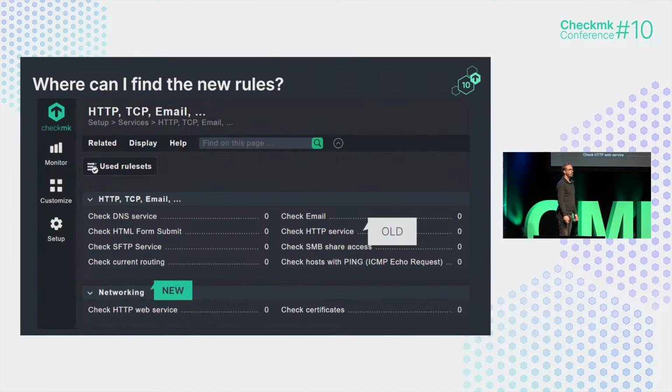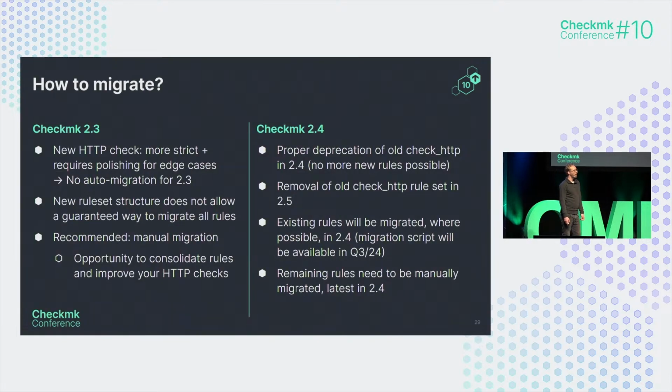So speaking of smooth migration, as the new HTTP check is much more strict and precise, a migration may take some time. This and the optional consolidation of HTTP and HTTP certificate monitoring are the main reason why we do not provide an automatic migration. It's just not possible to have a standard way of migration that works for all users, or at least for most of you.